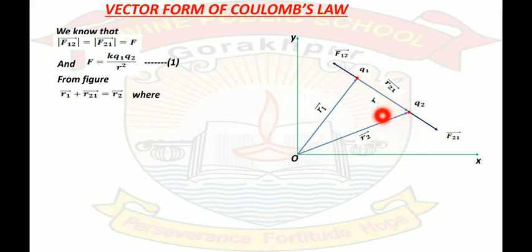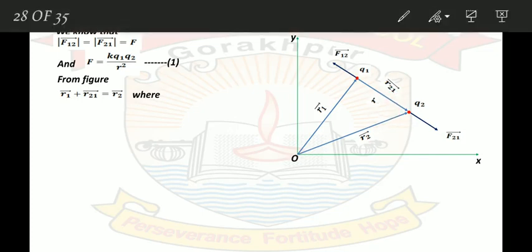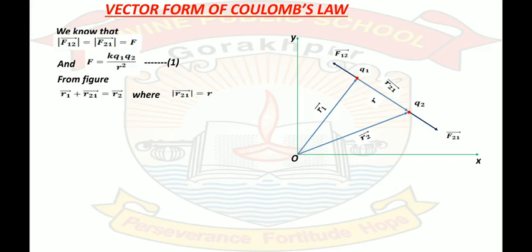The resultant of these two vectors will become r2 vector. This is from the triangular law of vector addition. Now the magnitude of r21 vector will be equal to r only. So the magnitude of r21 vector is equal to r.